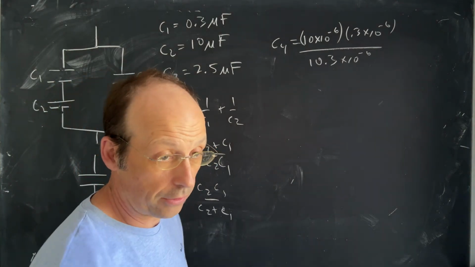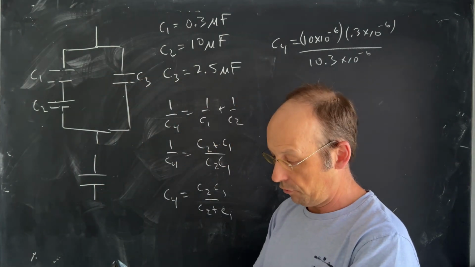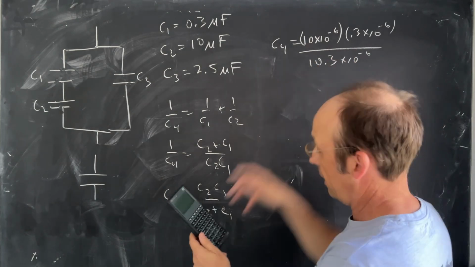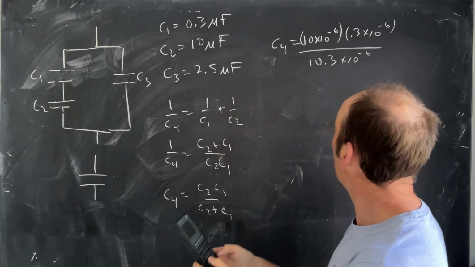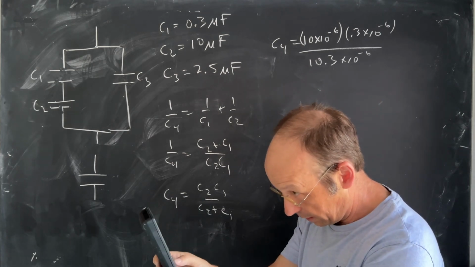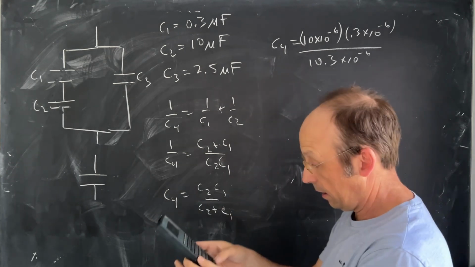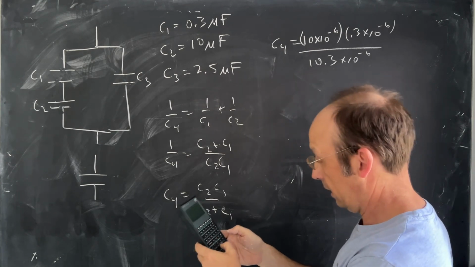Okay, let's put that in our calculator. So I have 10 times 10 to the negative 6. I know that's 1 times 10 to the negative 5. Enter. And then I have 0.3 times 10 to the negative 6 times, and then I'm going to divide that by 10.3 times 10 to the negative 6.